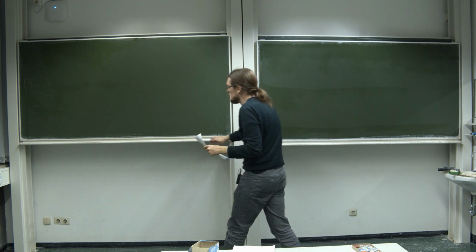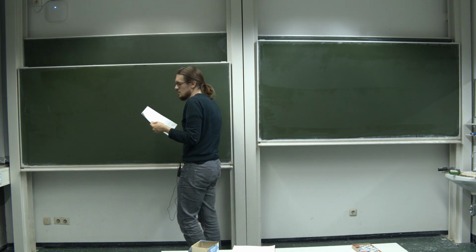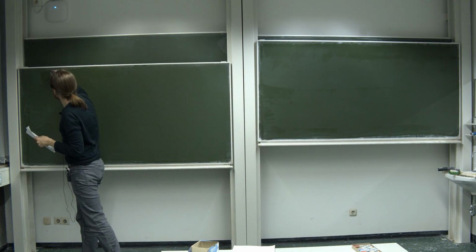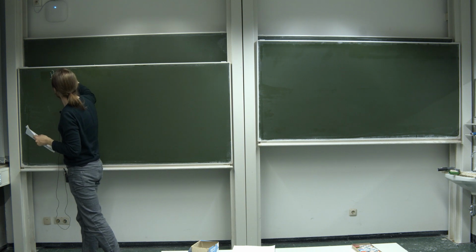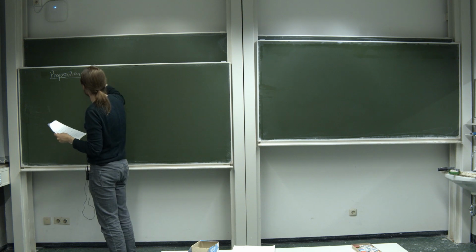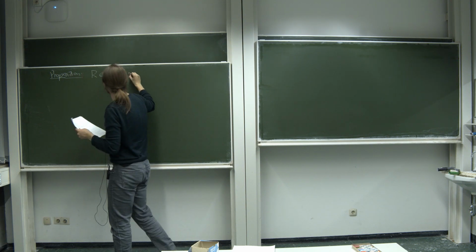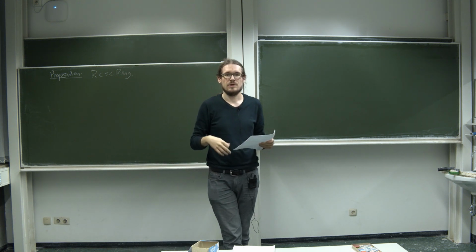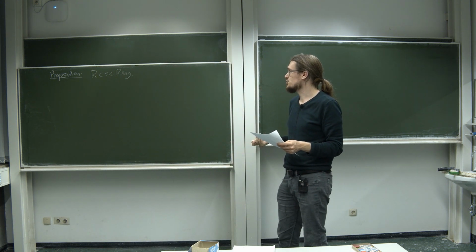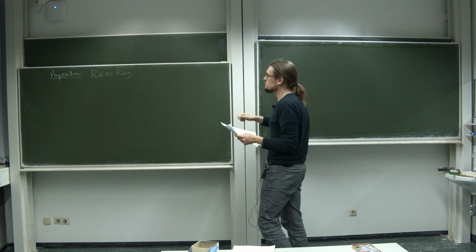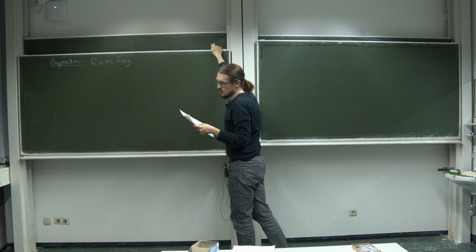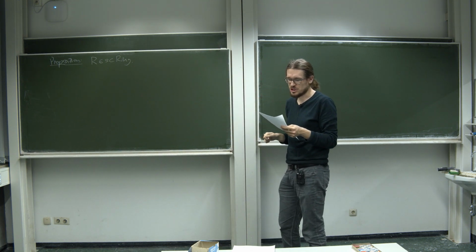So the claim is that if R is a simplicial commutative ring, then we have a divided power structure on the positive degree elements of the corresponding chain complex.